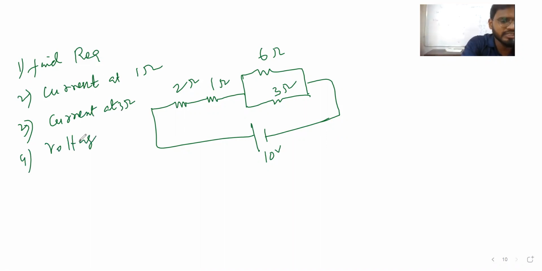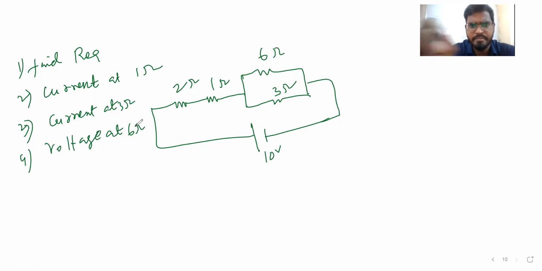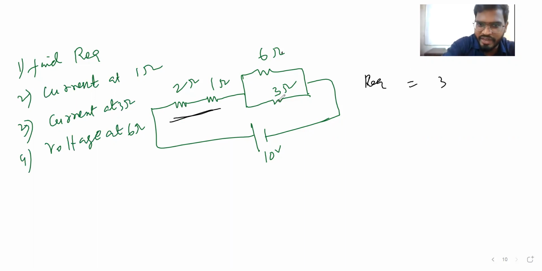Really beautiful sum. If you do this sum properly, I don't think you will have any problem anywhere. First is R equivalent. We can say these two are in series, so 1 and 3 make 3 ohm, and these two are in parallel.